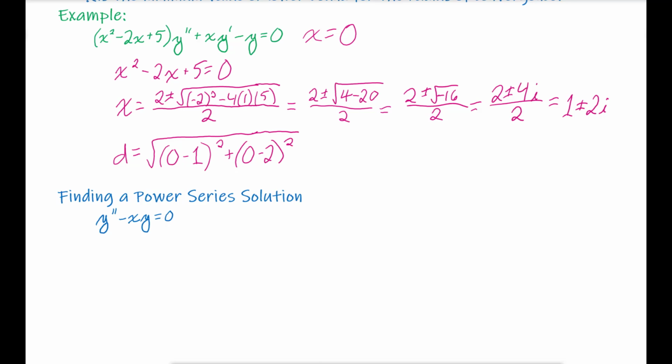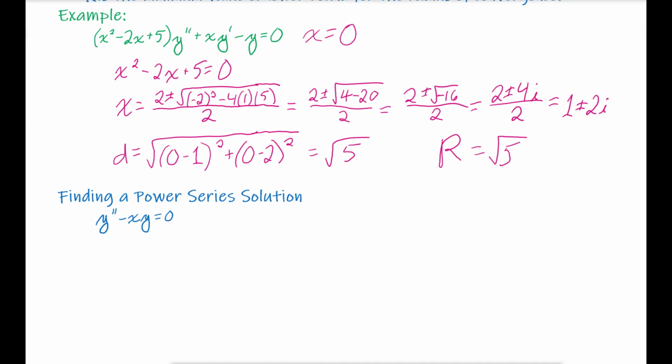That's the distance formula, and looking at the complex plane to figure out that that's what I need to do. And when I do that, I'm going to end up with the square root of 5. So we know that these singular points that we've identified are a distance of square root of 5 from 0, which was the ordinary point that we were trying to find a radius for. So that means that the radius of convergence will have a minimum value of square root of 5.